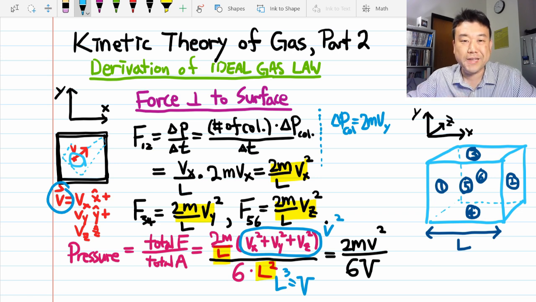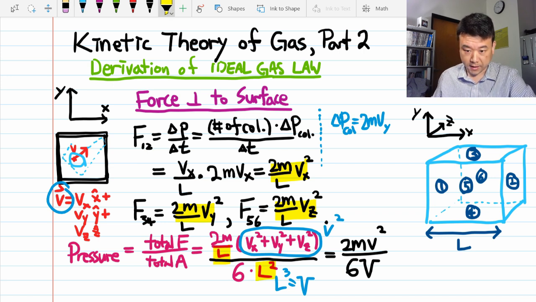Now, in a usual sample of gas, there's more than a single gas particle. There's usually a large number of gas particles. So if we have N gas particles, the pressure will simply scale. The forces will scale, so there will be N times the amount of force. So the pressure will be N times what we currently have on the right hand side.